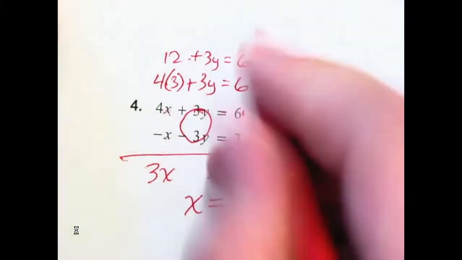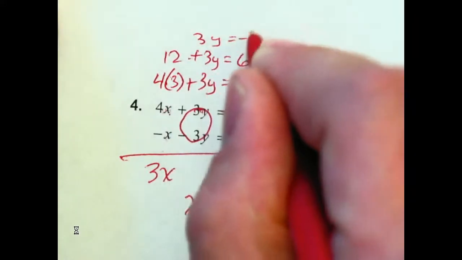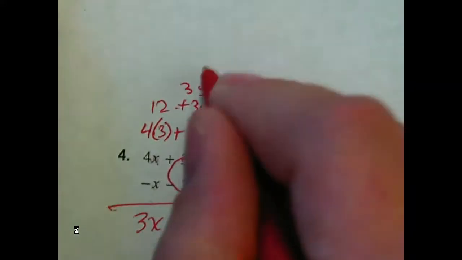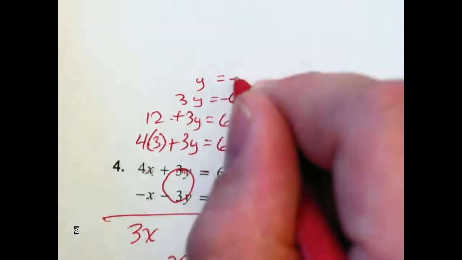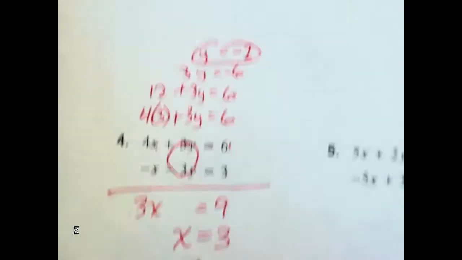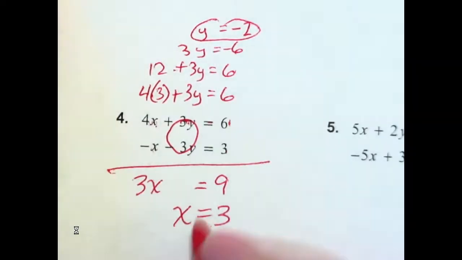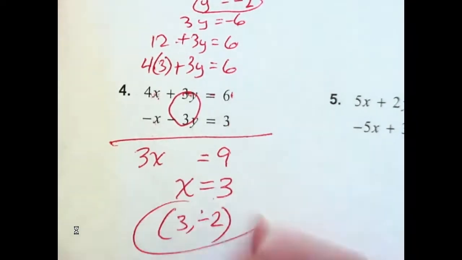We subtract 12 on each side. We get 3y equals negative 6. And then we divide by 3 to get y equals negative 2. So x is 3, y is negative 2. We get the ordered pair 3, negative 2.